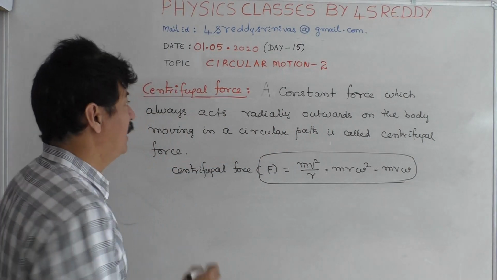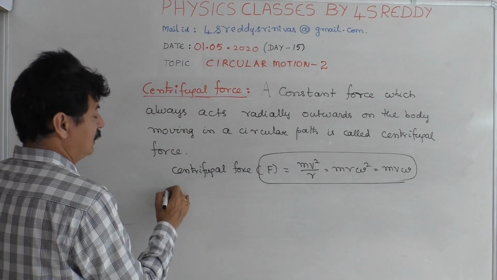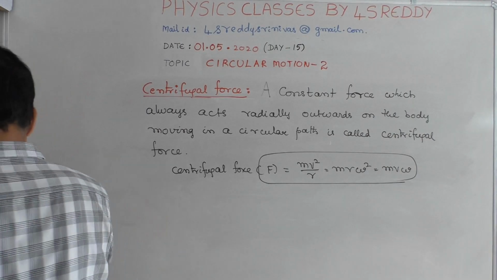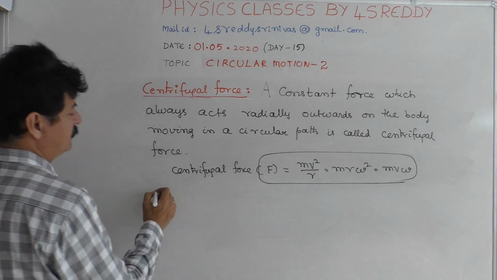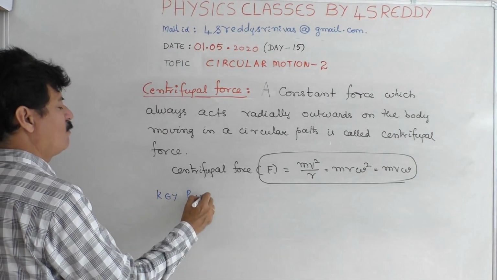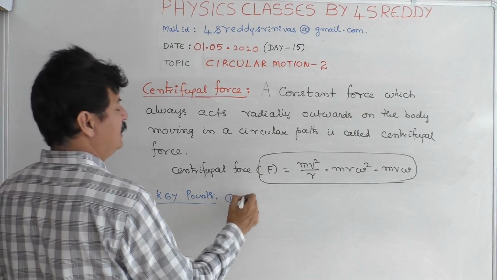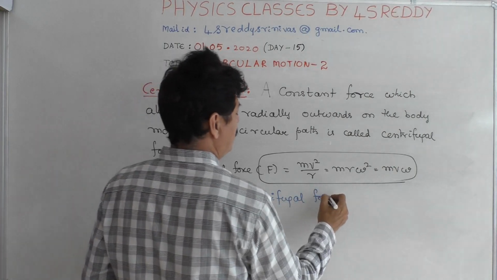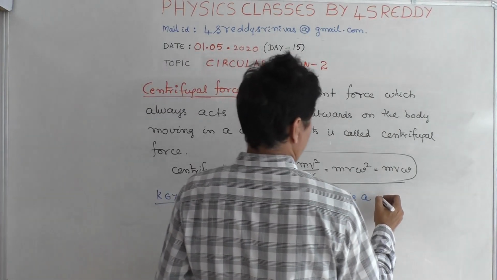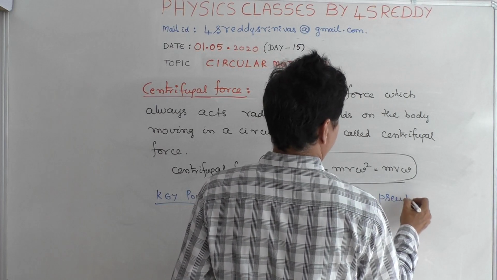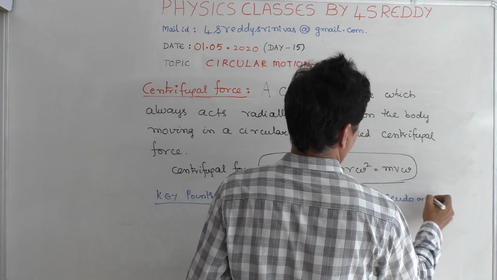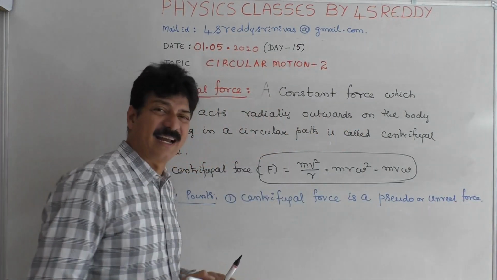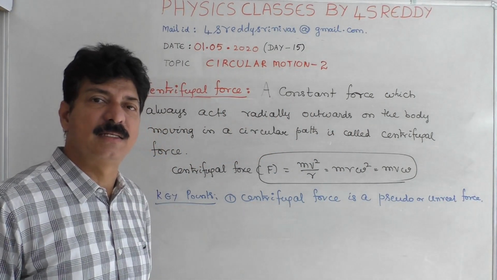All the time the magnitude is the same. Now the key points related to the centrifugal force: the first one is that centrifugal force is a pseudo force, or unreal force, or a fictitious force, as we can call it.